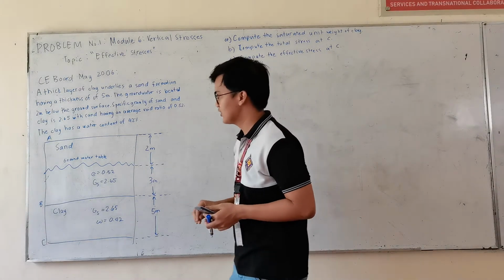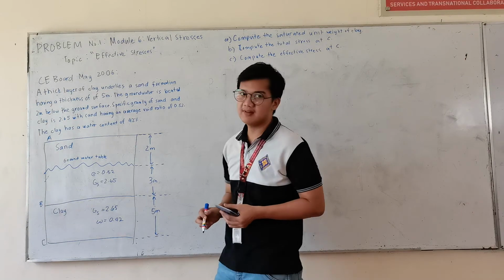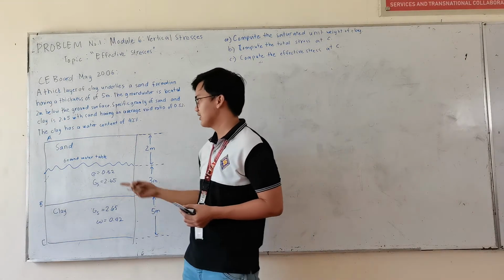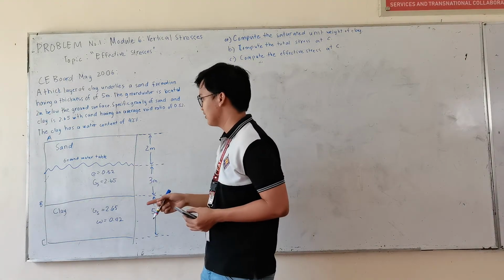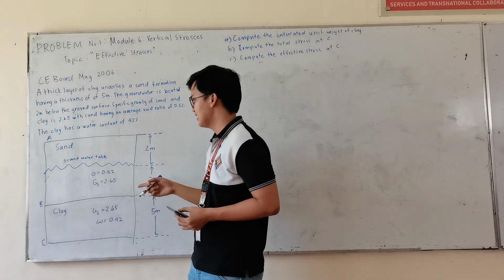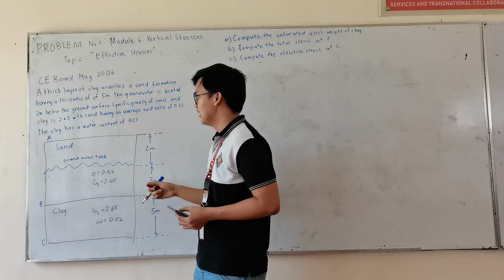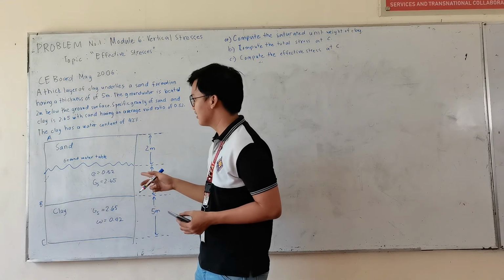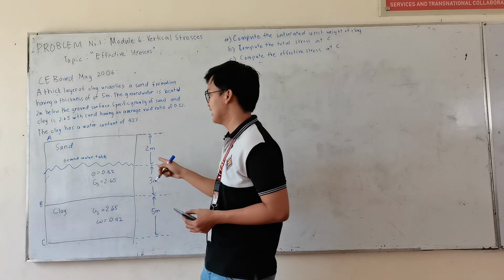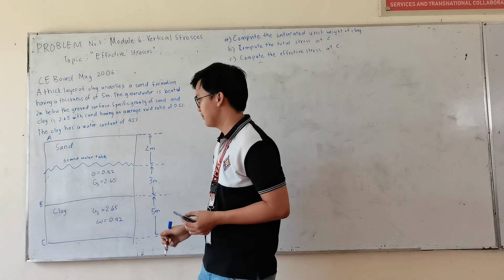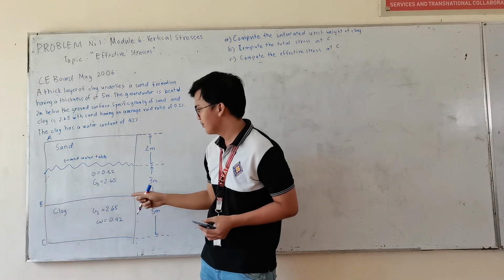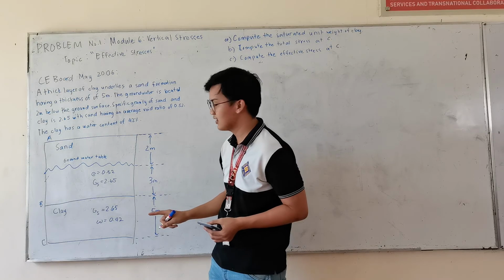So dito po sa ating soil profile, meron tayong dalawang layer ng lupa. So una, meron tayong sand, ang specific gravity niya is 2.65 and yung void ratio niya is 0.52. Ang groundwater table natin is below 2 meters lang ng point A. At sa pinakababang layer, meron tayong clay.